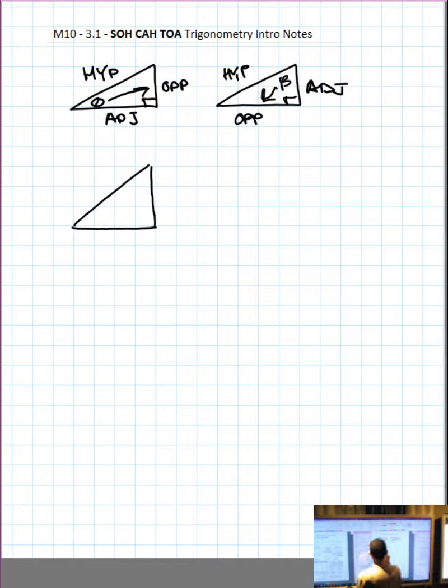So I'm going to identify theta. I'm going to put an arrow across to the opposite. I'm going to put my right angle in. I'm going to label my hypotenuse HYP. In the future, you can start to mark stuff O, A and H, but O looks like a 0, so. And my adjacent.